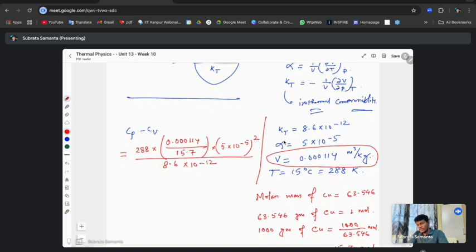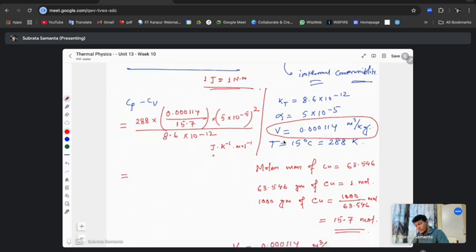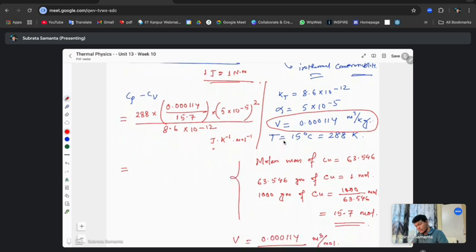Okay, so now what is the unit? The unit is basically joule Kelvin inverse mole inverse, right? So remember, joule is basically Newton meter, so 1 joule is 1 Newton meter. After simplifications, this yields 0.61 joule Kelvin inverse mole inverse.